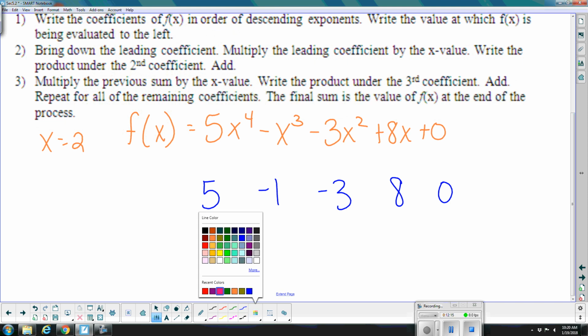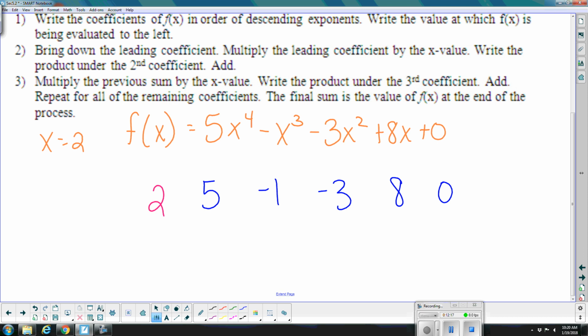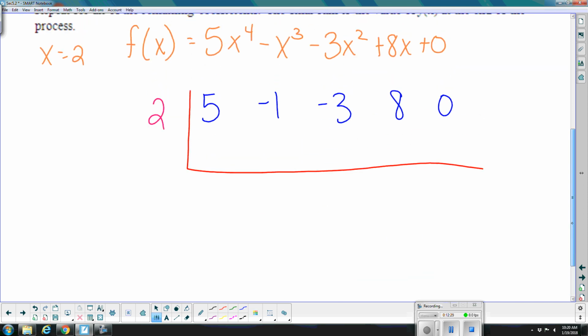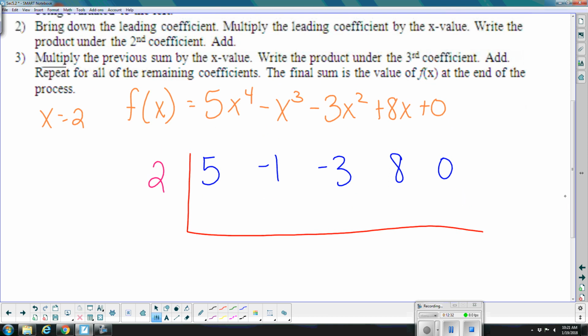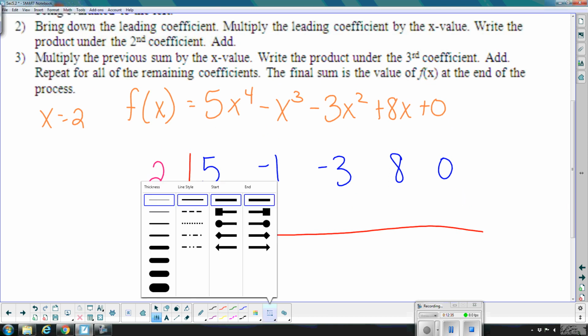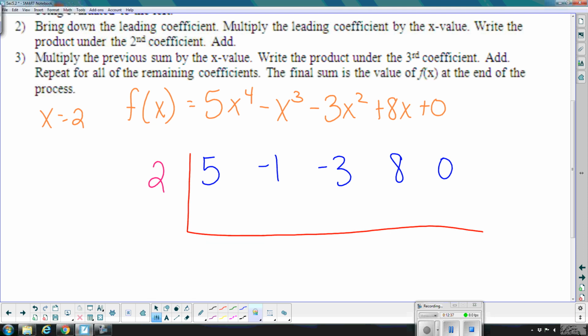And I'm looking for when x is 2. And I'm just going to draw a box around all of my coefficients so that I can evaluate. All right, so then my next step is to bring down the leading coefficient, which is 5.